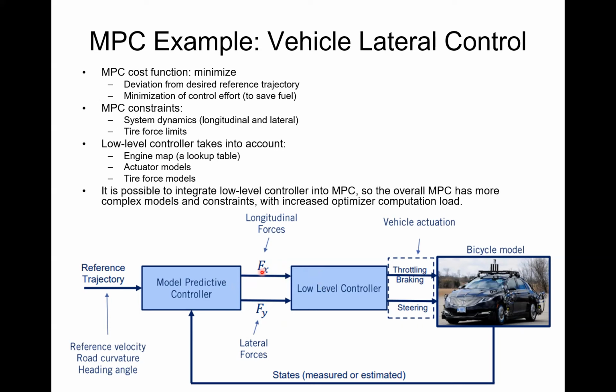You can also integrate the low-level controller into the MPC, so the overall MPC performs the mapping from the error to the throttle, braking, and steering directly. It has more complex models and constraints, with increased optimization computation load.